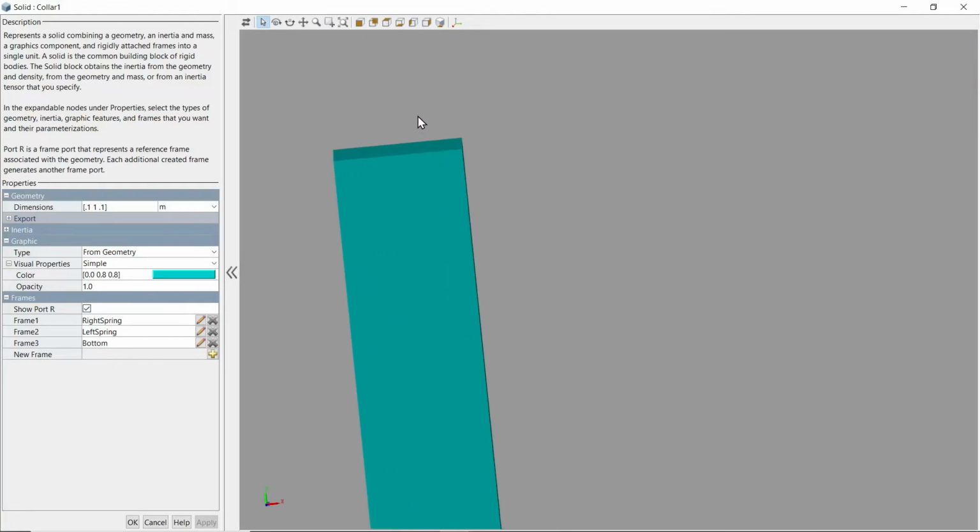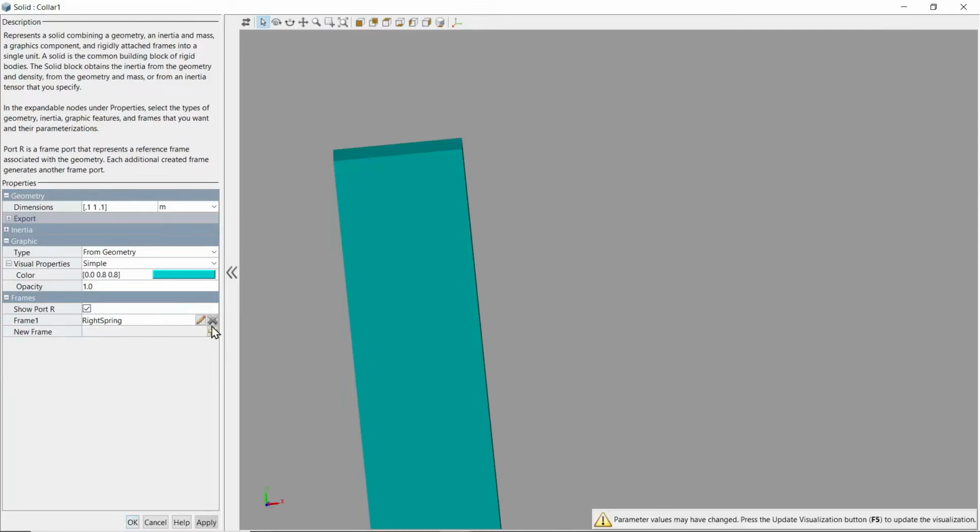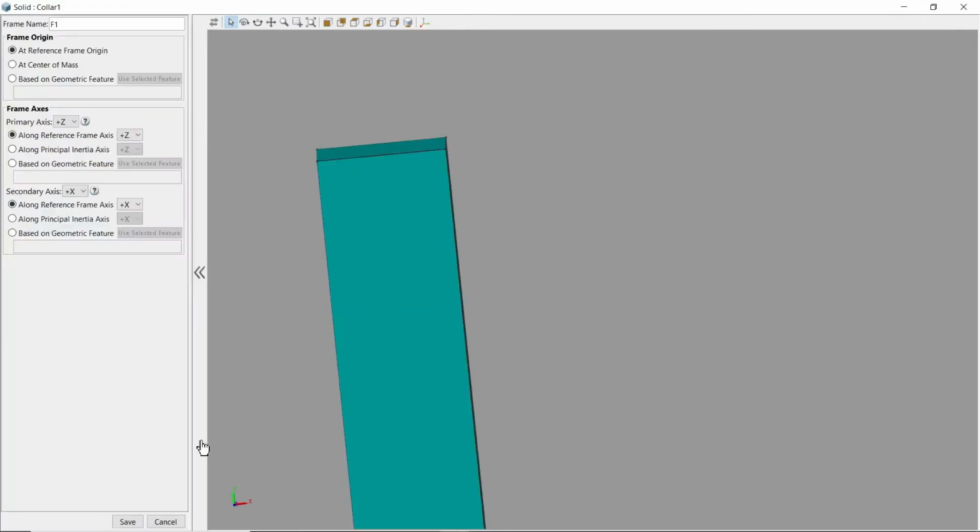Now we need a frame here at the top so we can connect it through a revolute joint to the collar. Okay, so let's delete our existing frames and create a new one. Call it top.